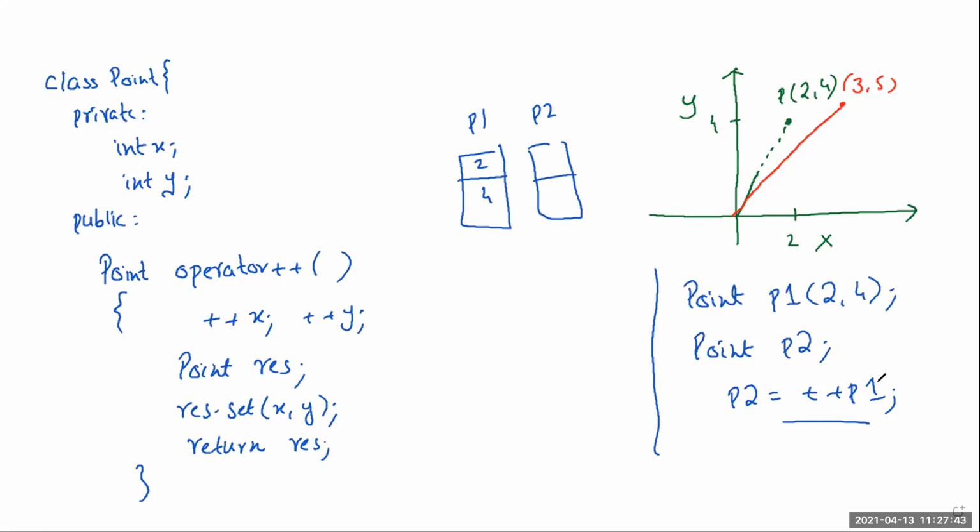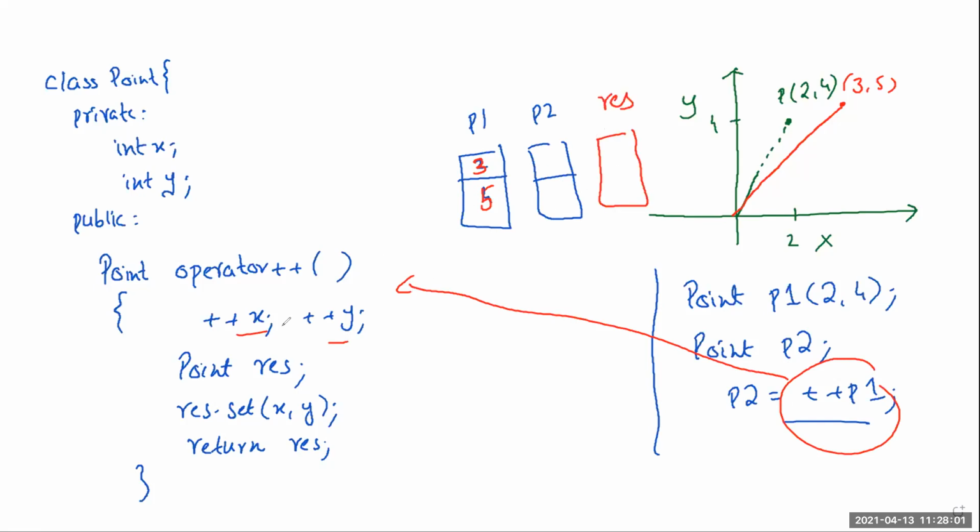And when I write this statement, the function is called, which is actually, let's see what it is doing. So when I write plus plus P1, I come here. These X and Y are of P1. So actually this will become 3 and this will become 5. And then you have another variable, which is result. You copy these X and Y in result, so it becomes 3 and 5, and then you write return result.